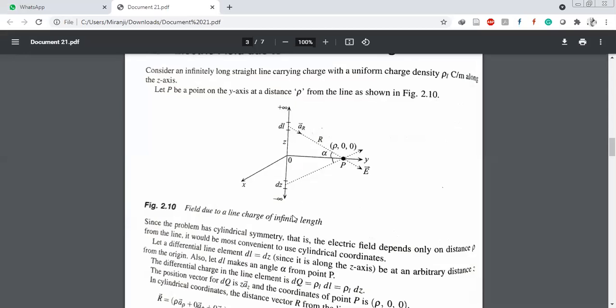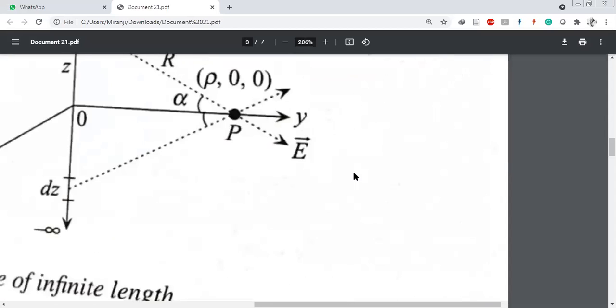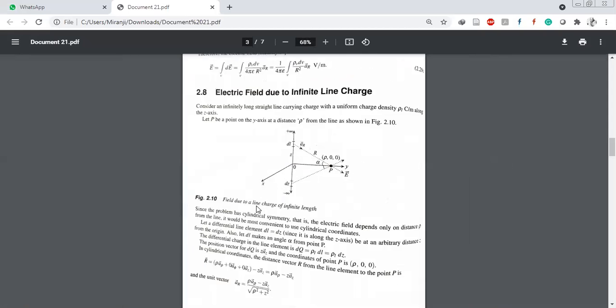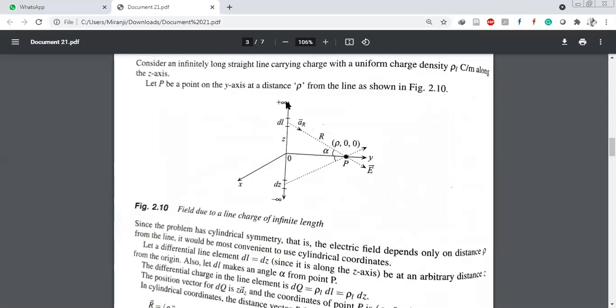Here they consider an infinite long line, which extends from minus infinity to plus infinity, and that line is oriented along the z axis for your convenience.